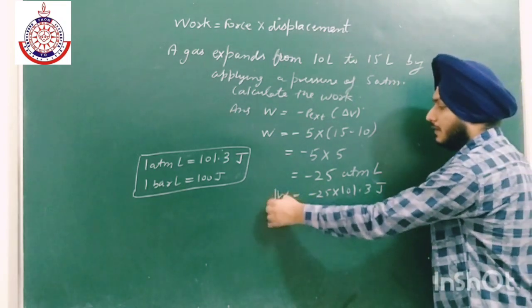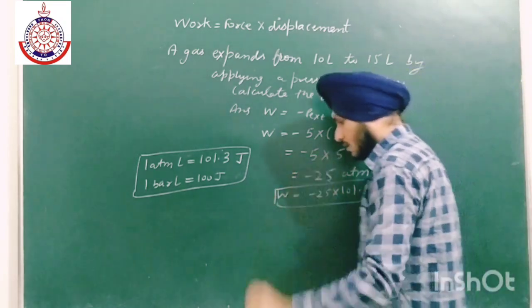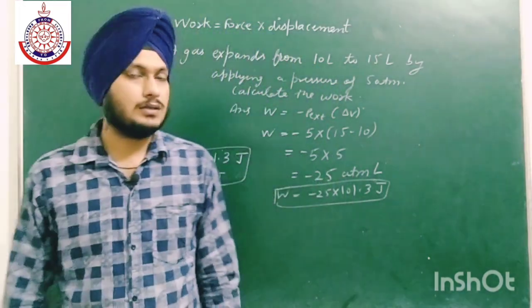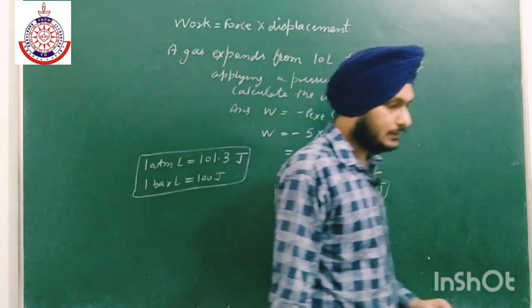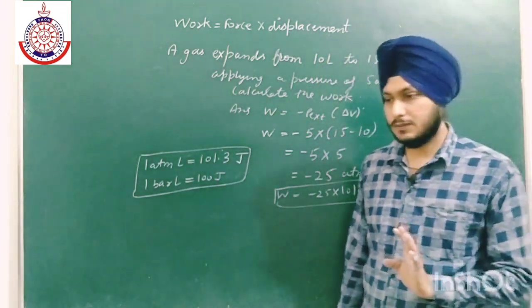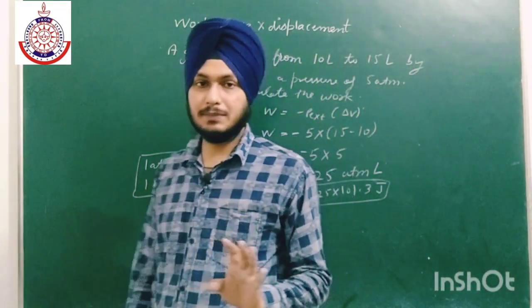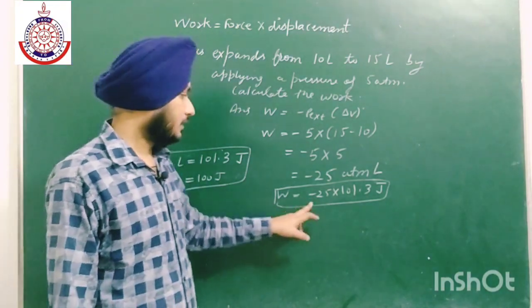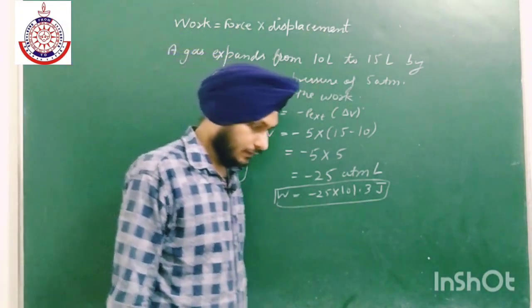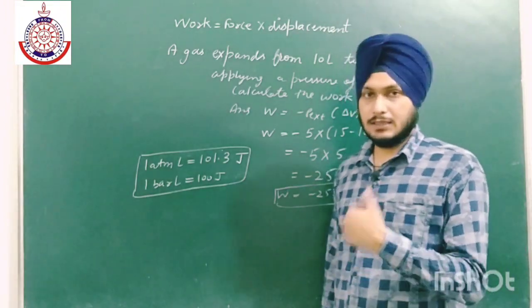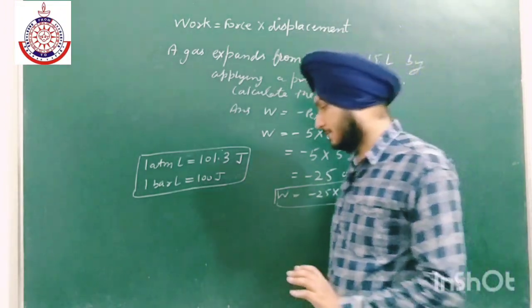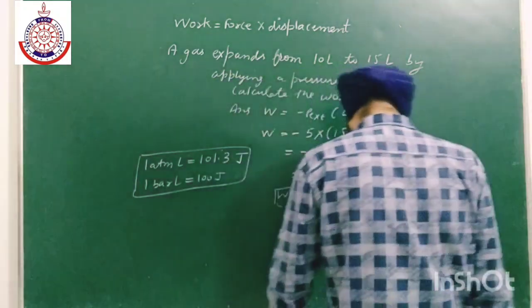So this type of question may be asked in the exam, where you have to just calculate the work if the change in volume and pressure is given to you. The work is negative in case of expansion, and in case of compression it comes out to be positive.